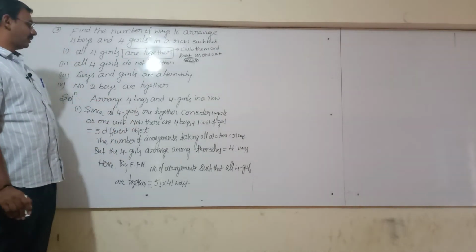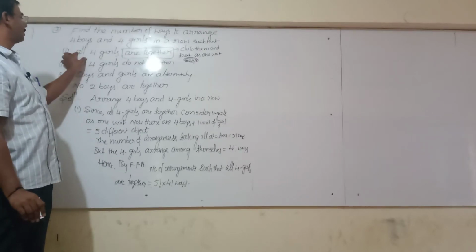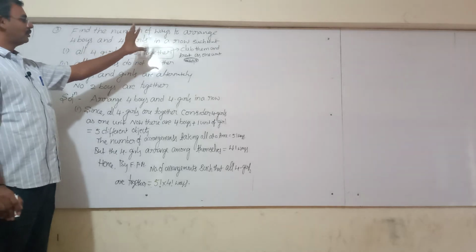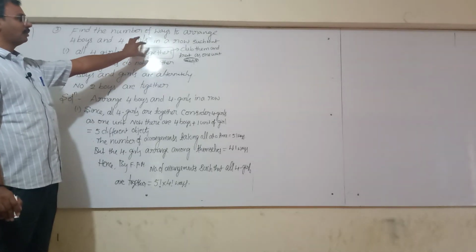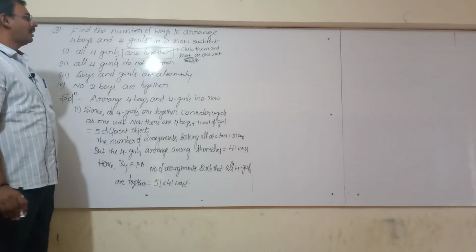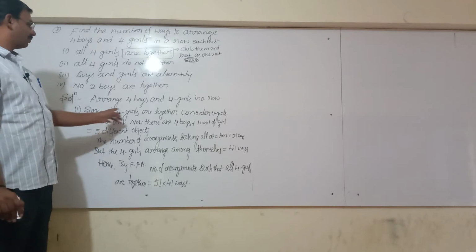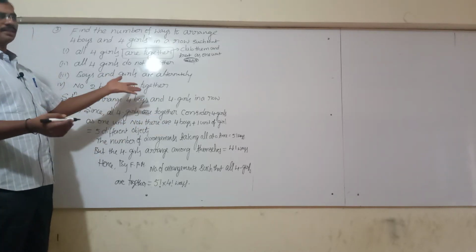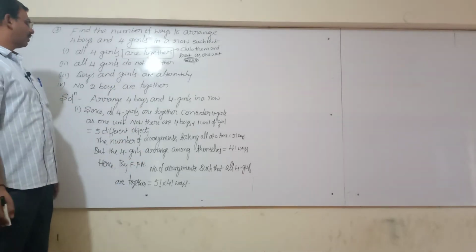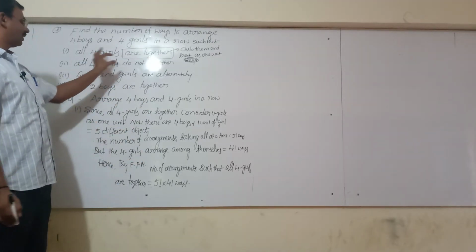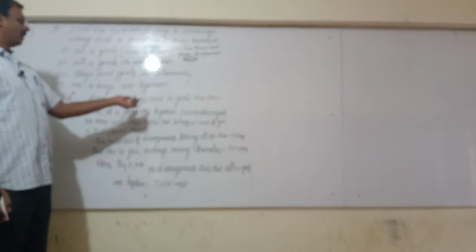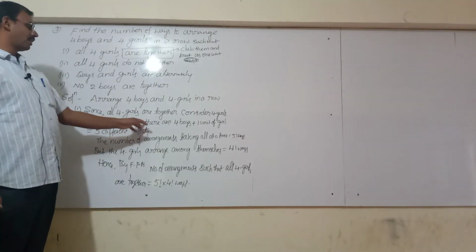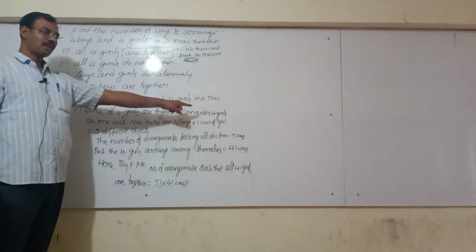Arrange 4 boys and 4 girls here. The first question: all 4 girls are together. The word together is there. What to do? Club them and treat as one unit. So I club them here. Consider 4 girls as one unit. Not only 4 I's or 4 C's, whatever any objects. Together means, club them and treat as one unit. So now there are 4 boys and 1 unit of girls.